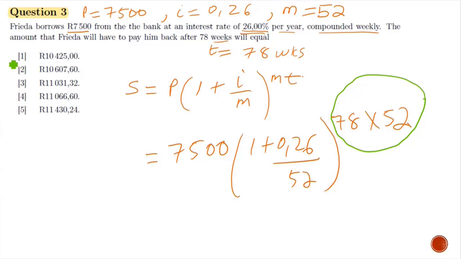So should I write 52 multiplied by 78? You still get the same thing anyway. That is the commutative property. AB is equal to BA. It does not matter. You'll still get the same thing.